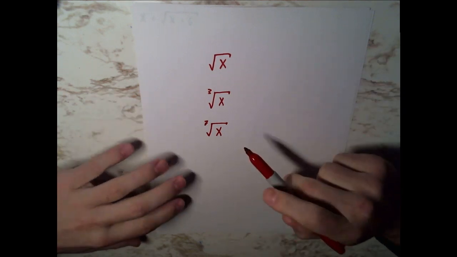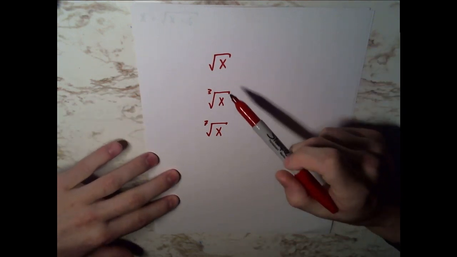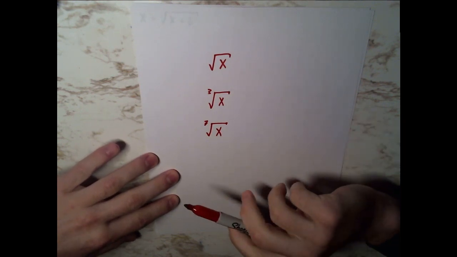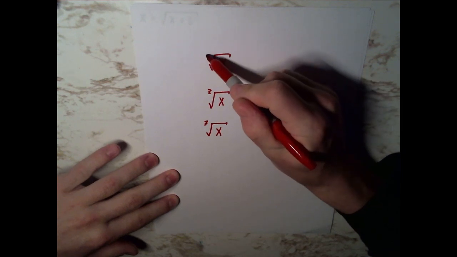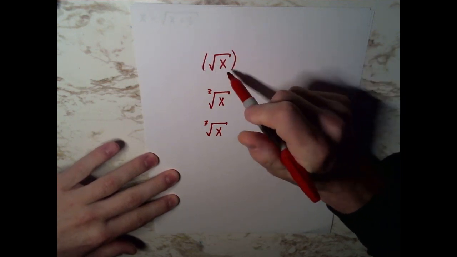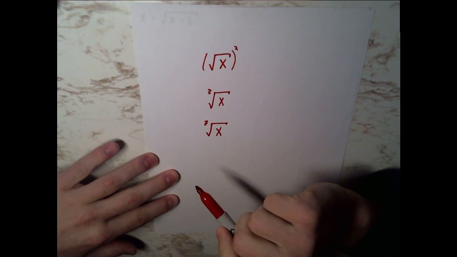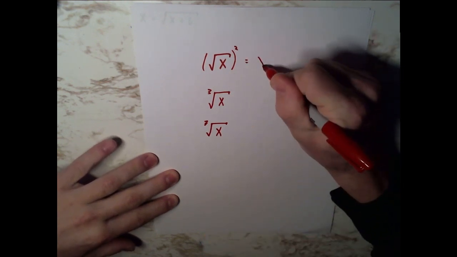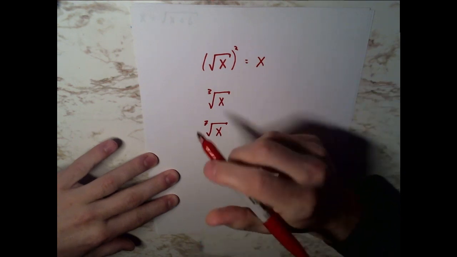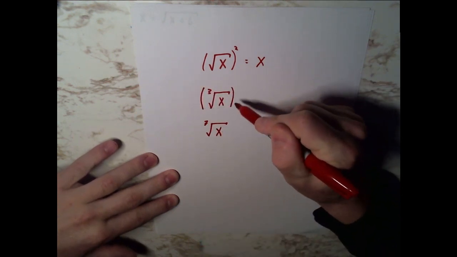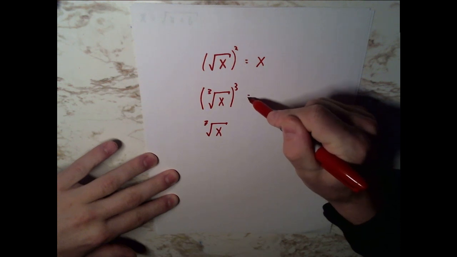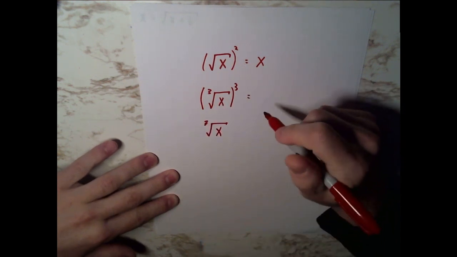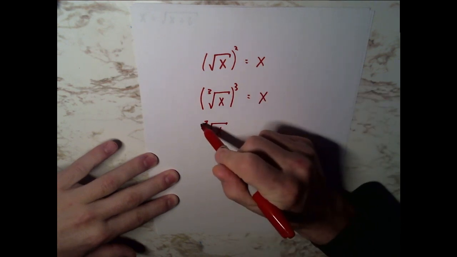And since we're trying to solve for x, we need to get this x out from underneath this root. So pretty much how we do that is in the square root case, we square both sides. So this expression here is going to simplify to just x. In the cube root case, we just cube this. So this expression here simplifies to just x.